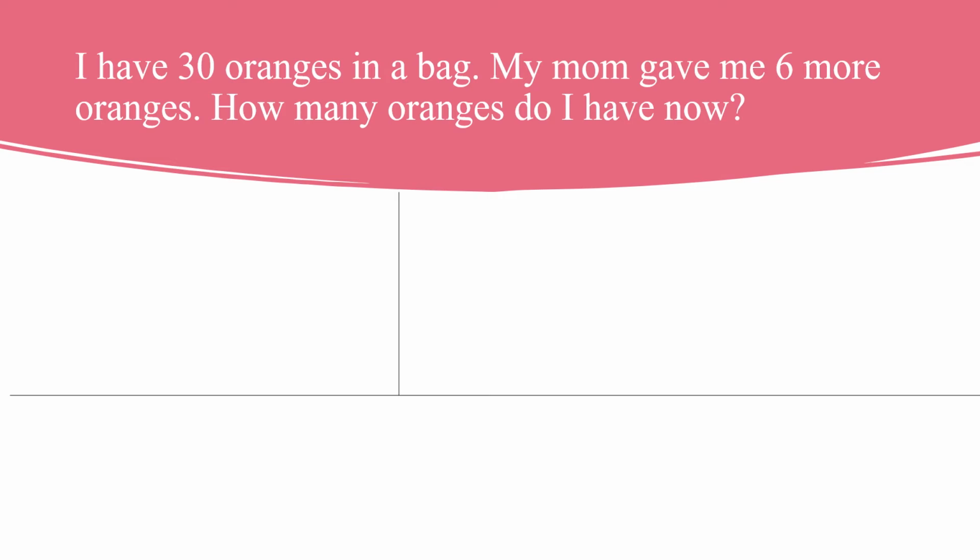So by looking at the problem, I could tell that I'm adding because my mom is giving me more. So now that I figured out that I'm adding, I'm gonna figure out my numbers. So it says I have 30 oranges. So I know that I'm starting with 30. So I'm gonna write 30 oranges.